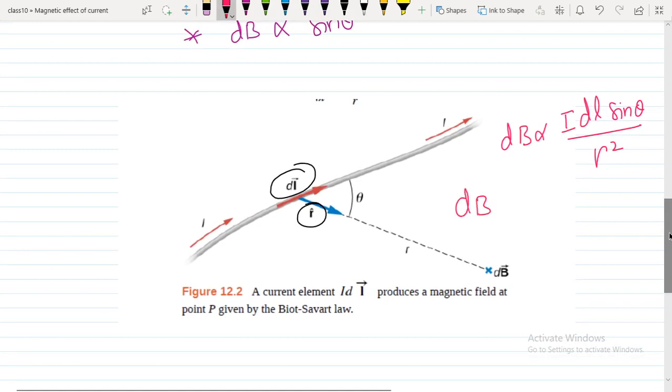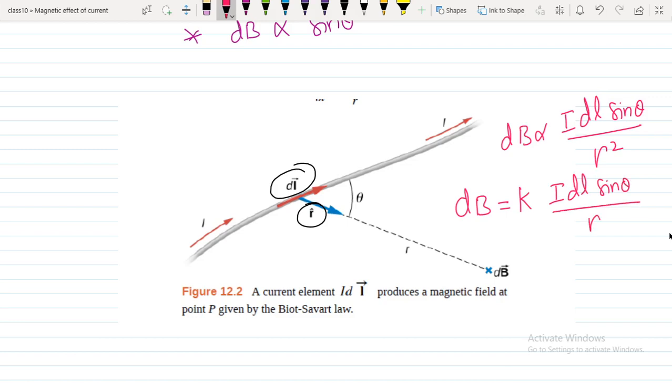We remove the proportionality symbol by placing a proportionality constant k. So dB equals k times I dl sine theta upon r square. Here k is the proportionality constant, which equals mu naught upon 4 pi.